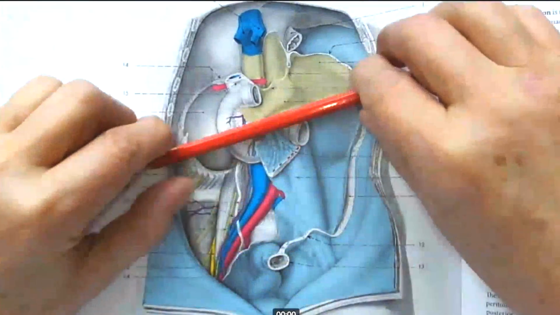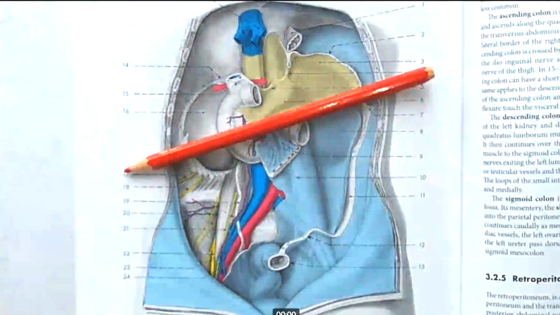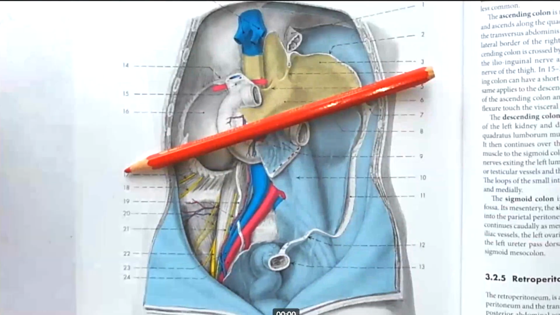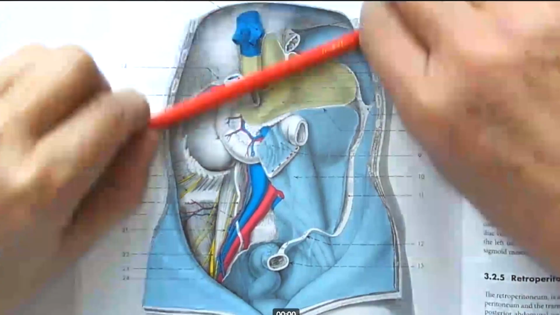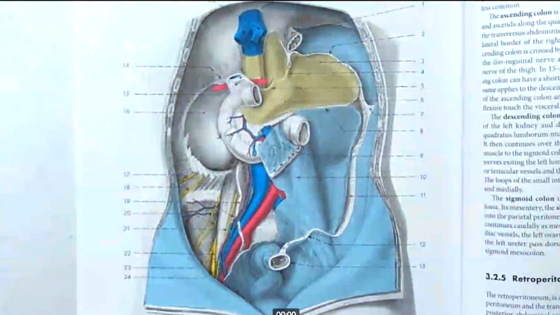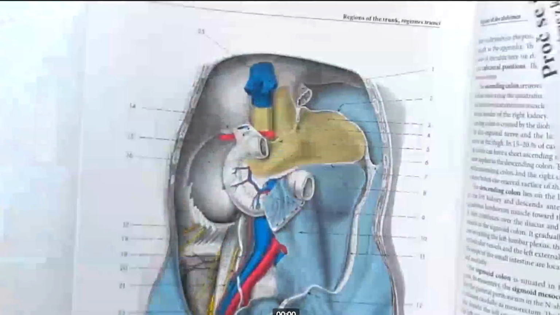So this line indicates the position of the attachment of the transverse mesocolon. We will speak about that in the following seconds. And this transverse mesocolon divides the whole cavity into the supramesocolic and inframesocolic compartments. So that's the introduction to the important topics which will be explained right now.